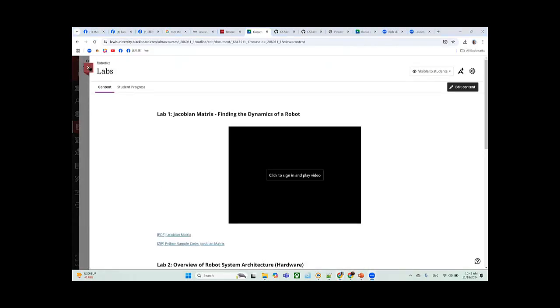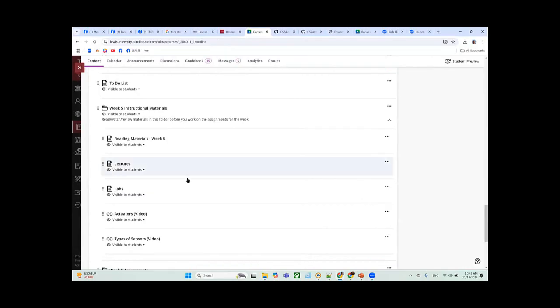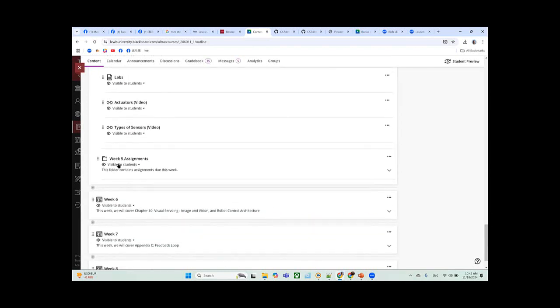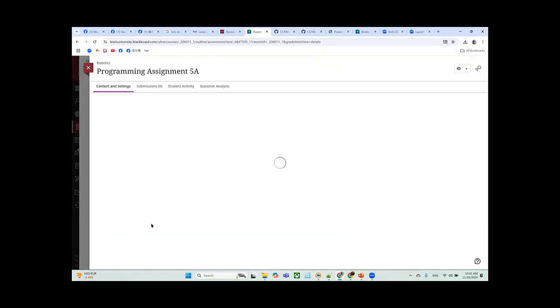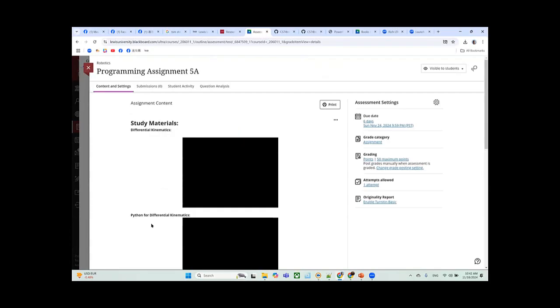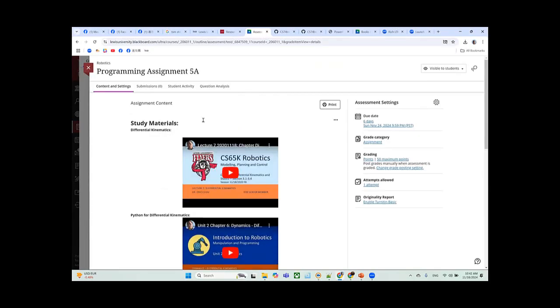So week 4, you work on what? Week 4, you work on the so-called workspace of a robot. So for week 5 right here, we have 2 programming assignments, A and B. A part, you work on this differential kinematics.